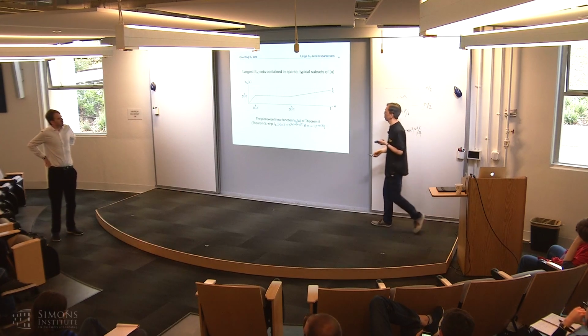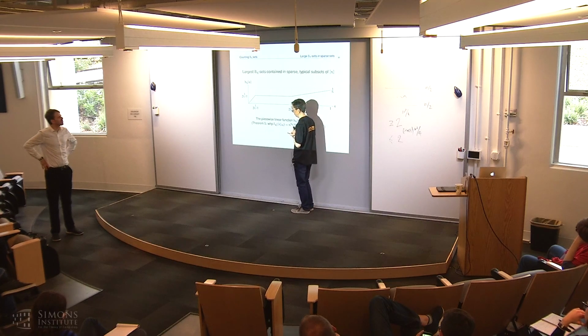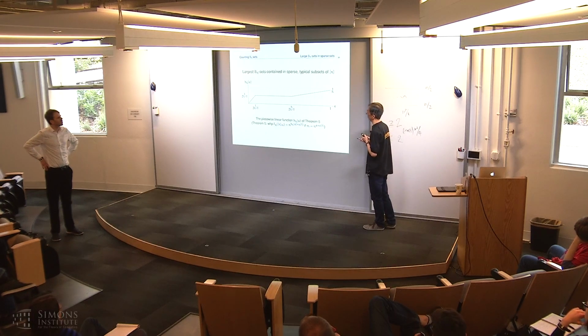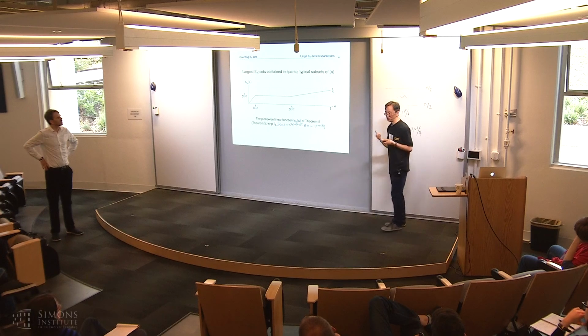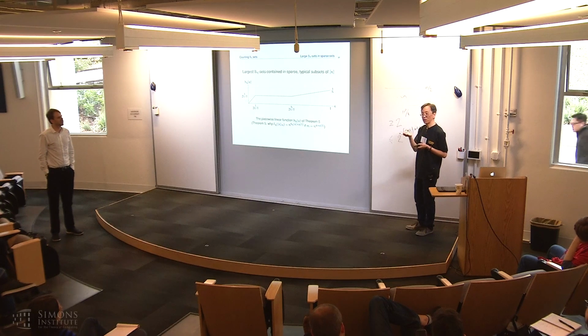Yes, the lower bound. For the lower bound, I suppose you can say that in a random hypergraph you know the size of the largest independent set, so Turan's theorem or something like that for hypergraphs. That gives you the lower bound.